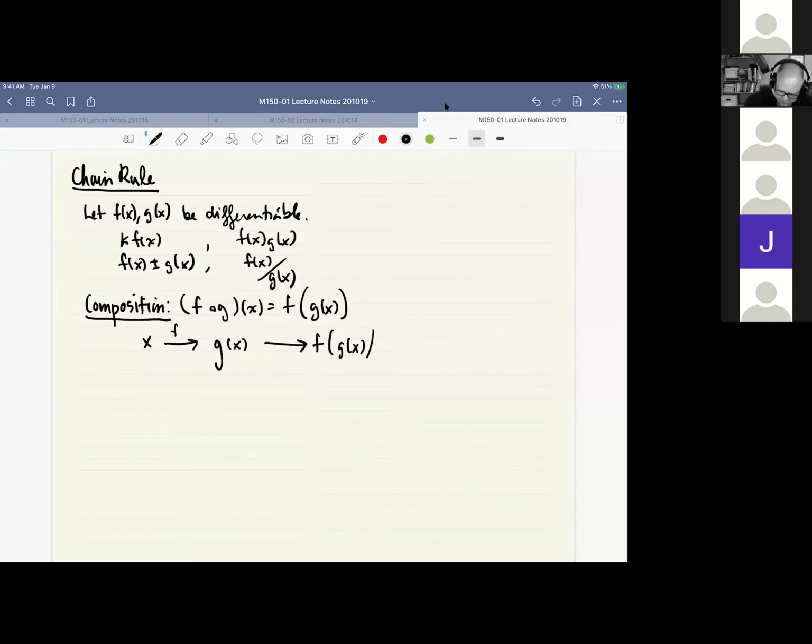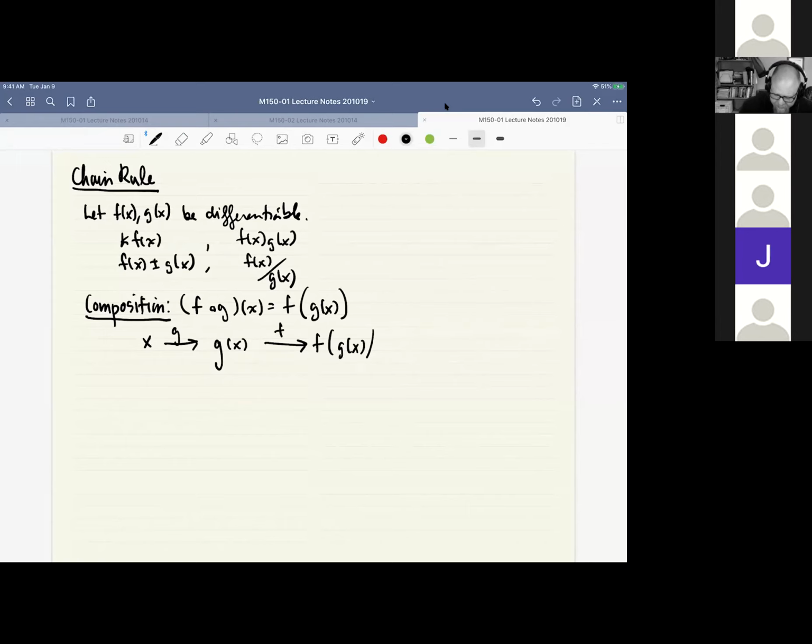The first function g takes x to g of x, and then the second function f takes g of x to f of g of x. And it's this sort of chain of rules that the chain rule talks about. The first link in the chain is g, and then you apply to that the function f.